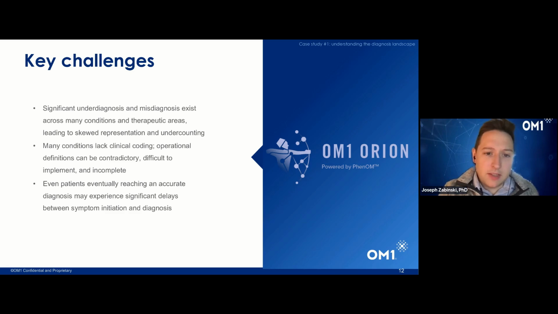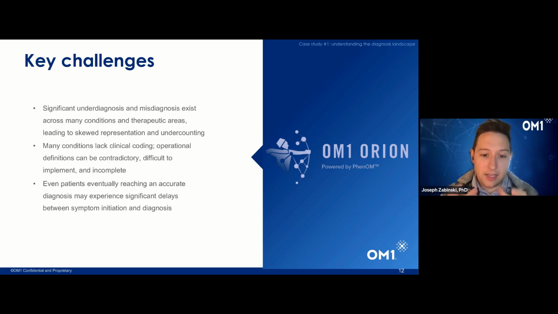And even patients that accurately get diagnosed with a condition, even through any of these complexities, may still experience significant delays between when their symptoms start and when they reach that diagnosis. We've done a good amount of work in patient identification and journey enhancement for rare diseases. And there, the delay between symptom initiation and diagnosis can stretch for years, if not even longer than that.